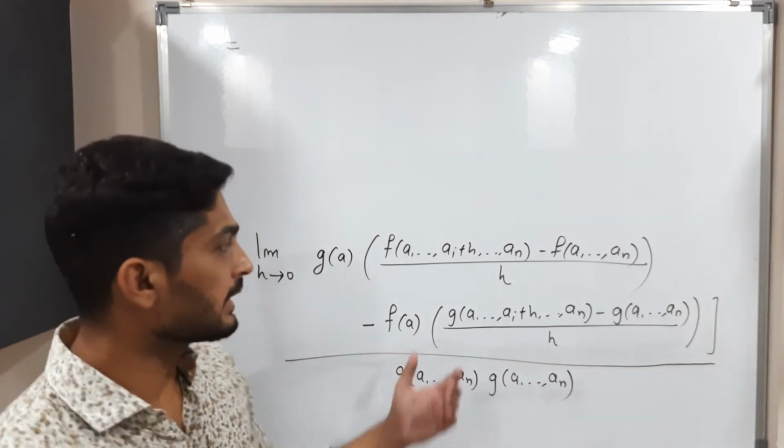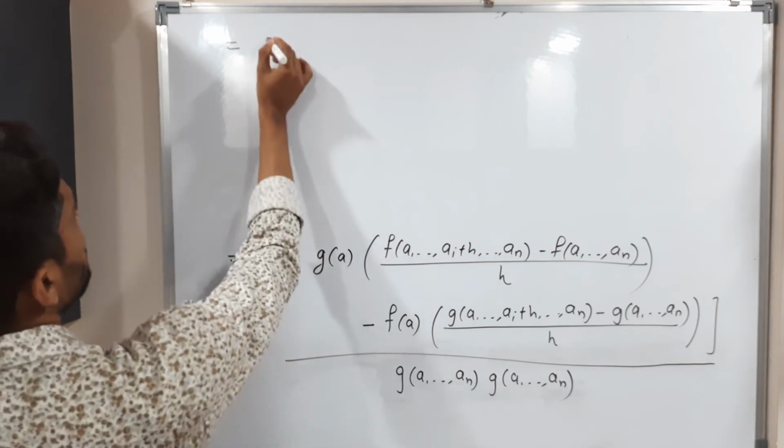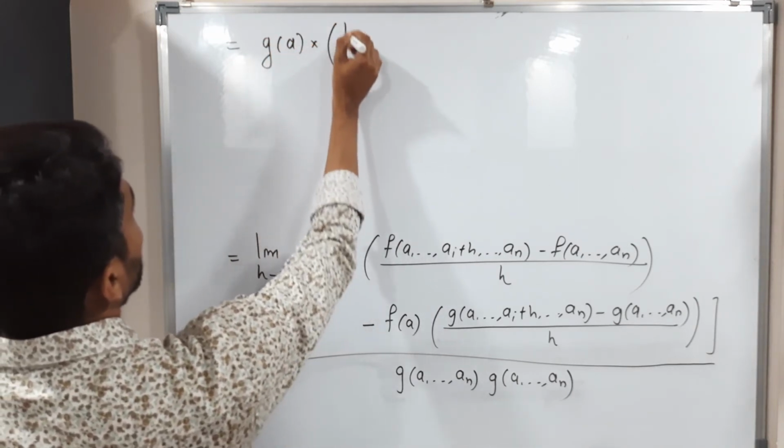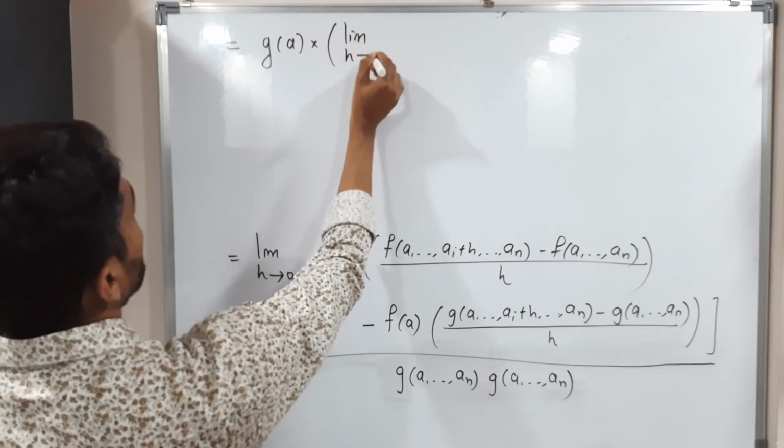Okay, so let us apply the limit separately. g of a is a constant. g of a into limit h tends to 0.